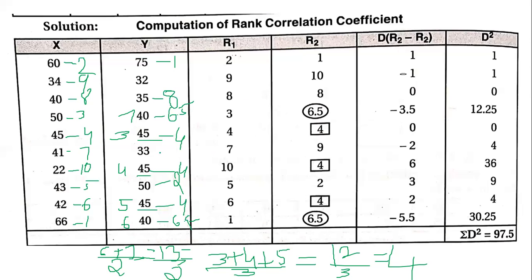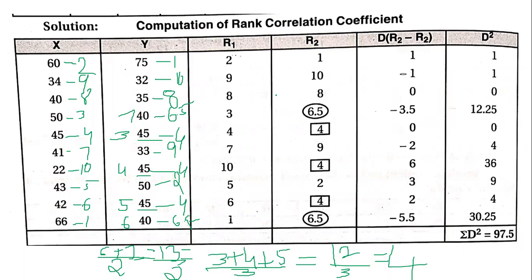Then 33 will be 9th rank, and 32 will be 10th rank. So we have covered everything. Did you all understand how to assign the ranks? Be careful with the position and the average that you take.